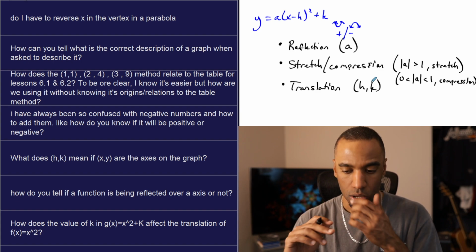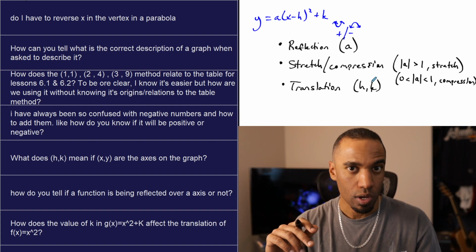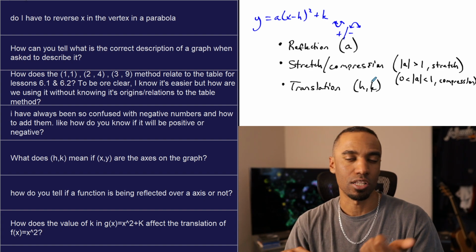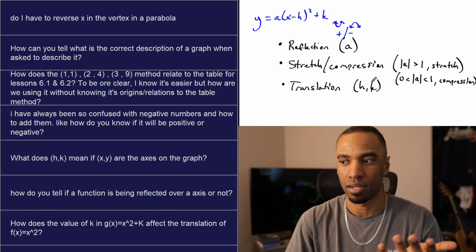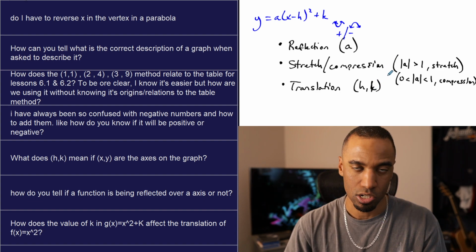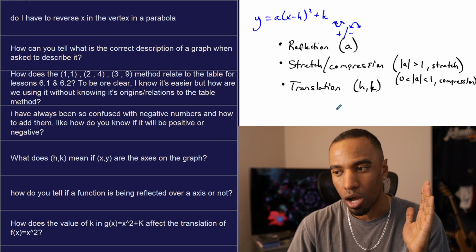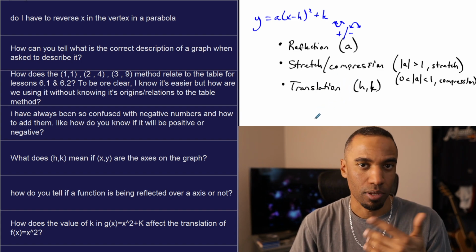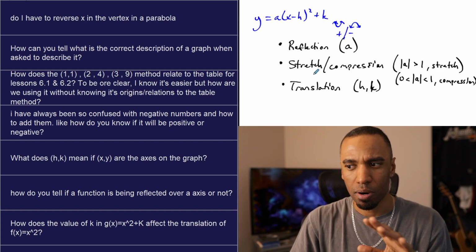If a vertex starts at the origin, and you have a point like 2, 3 on that last one, that means you go right 2 and up 3. And the translation description really talks about that. So if you know how to graph a vertex in general, then you know which directions you went from the vertex to do it. Over 2, up 3. That's right and up. You know what I mean? Or left and up, left and down, whatever it is. So translation part, I think you get the most.